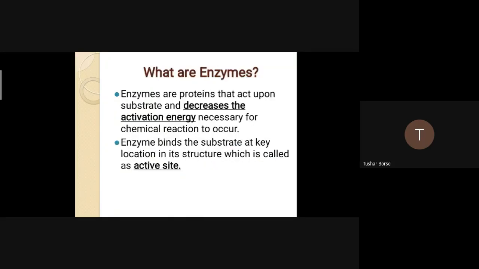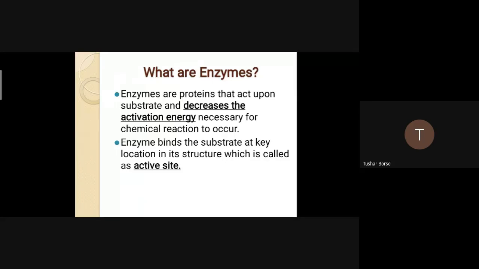Now we define enzymes as proteins or biological catalysts which lower the activation energy of the reaction and help in speeding up the reaction rate or regulation of the rate of reaction.